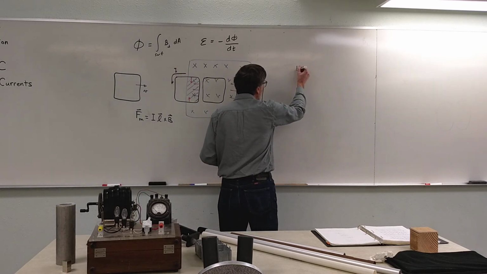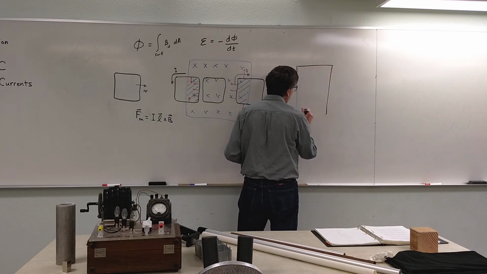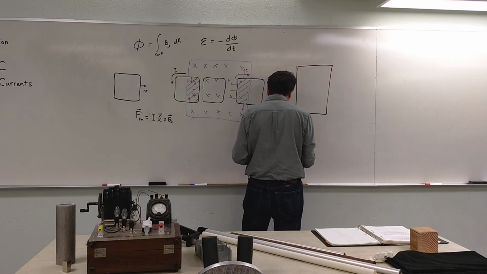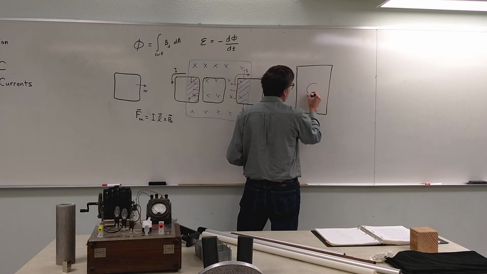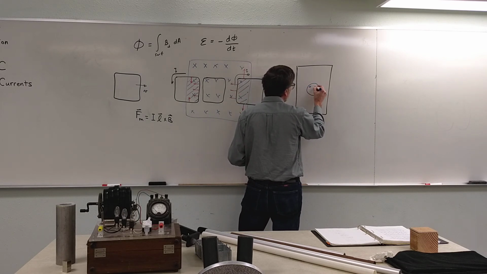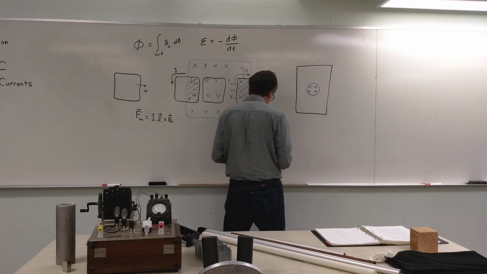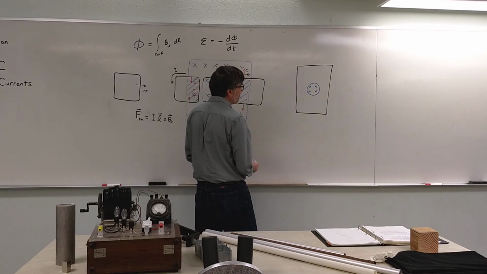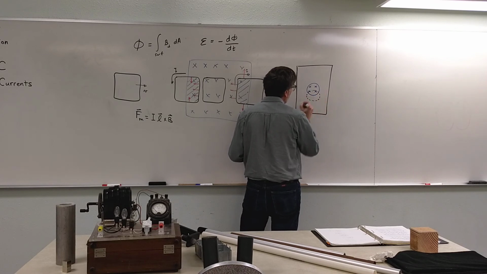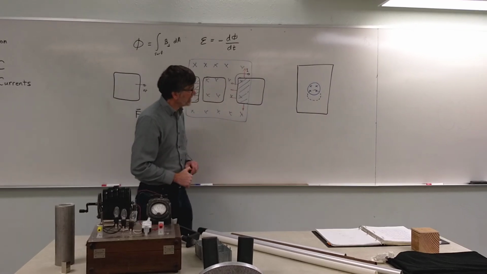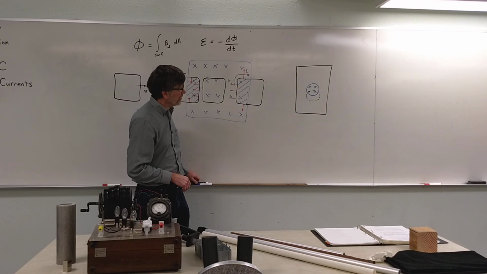So here's the large piece of aluminum. And then there's a small region with a strong magnetic field in it. Let's have the field going into the board like that. What you do is you consider different possible loops within the metal of the aluminum.